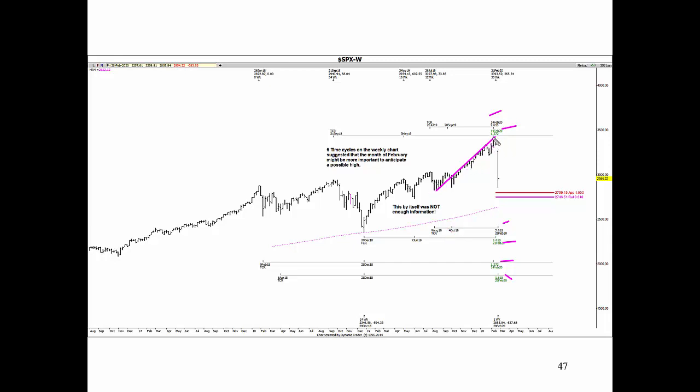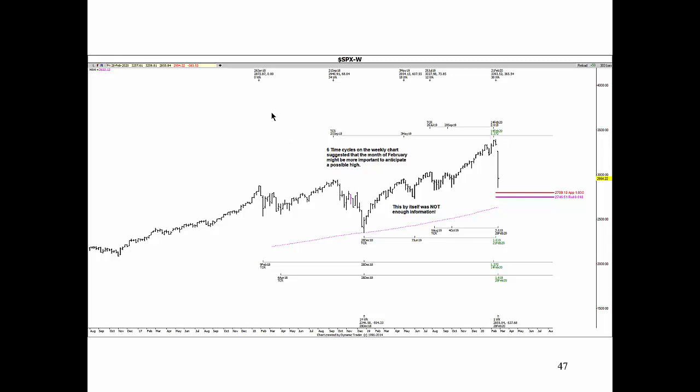But because this is on the weekly chart, I thought it might be a little more important. But if you're looking at these cycles as plus or minus a bar, that makes this a huge time window because these are weeks. So plus or minus this 3-week time window gives us a 5-week time window. That's not helpful by itself.